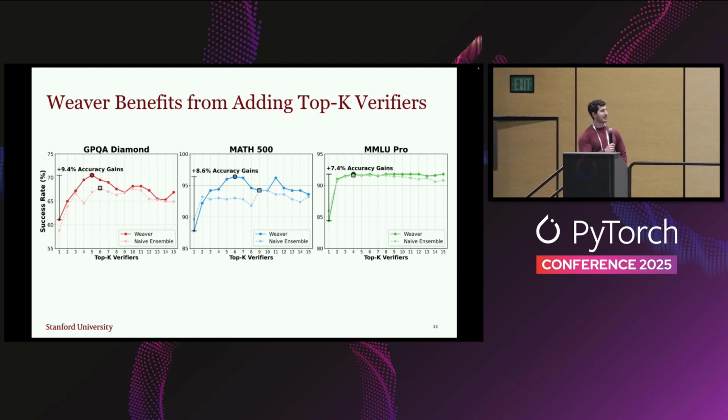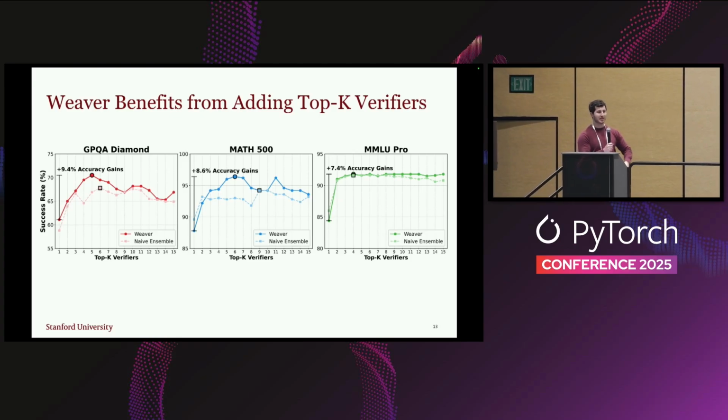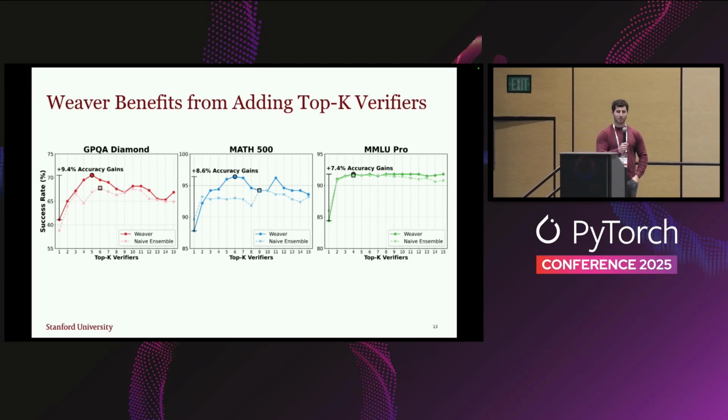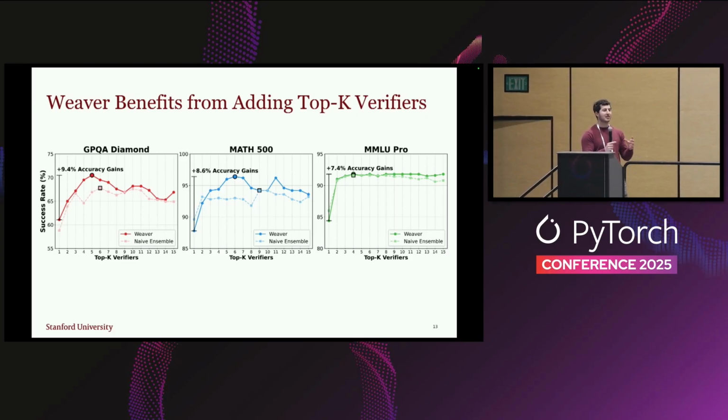So what we found is we see this kind of U-shaped curve for different tasks, not just the ones plotted here, but also other tasks that we've explored in the paper, where quality becomes especially important the fewer verifiers you have. Because they have more market share, so to speak, you need that quality to be higher.